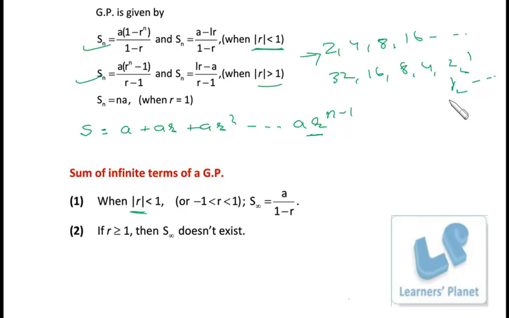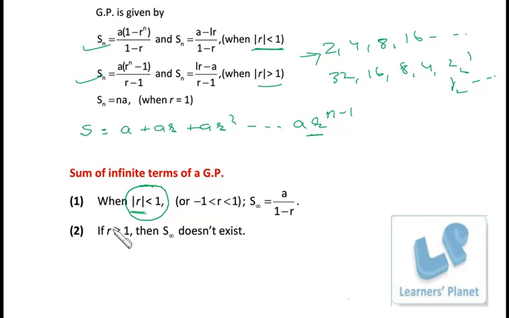Because 1 by 256, 1 by 1020, these carry hardly any value. So in this case it is mathematically possible to find the sum. So we can find the sum of infinite terms of a GP only when the common ratio is less than 1. This is the necessary condition.